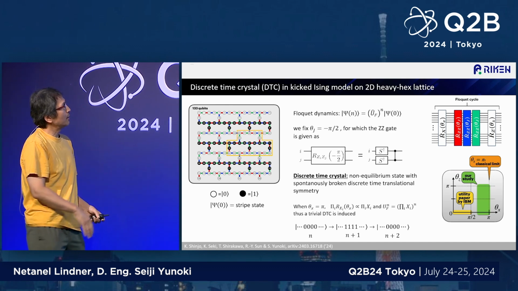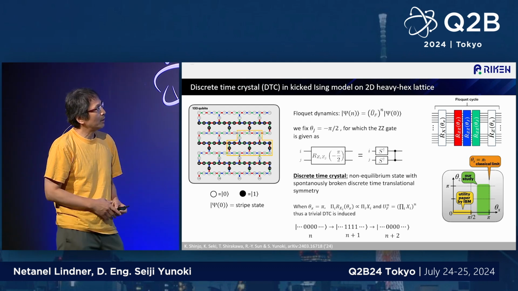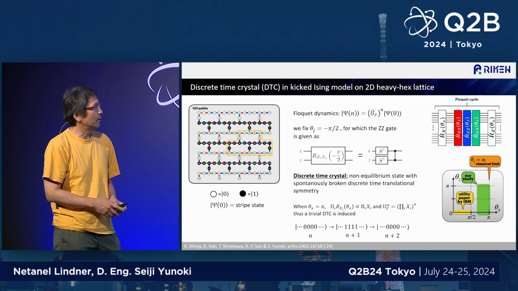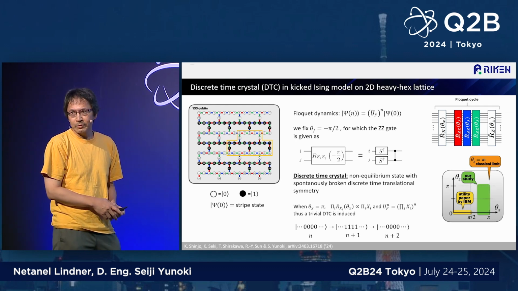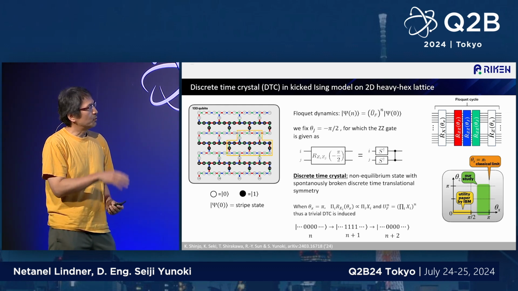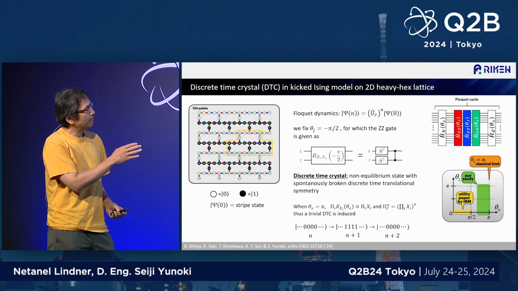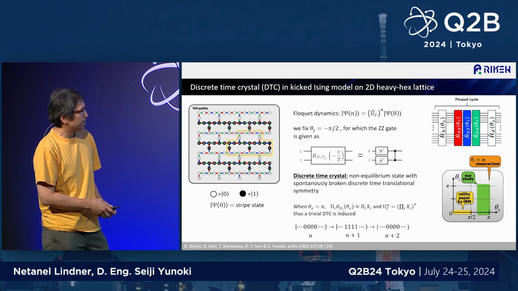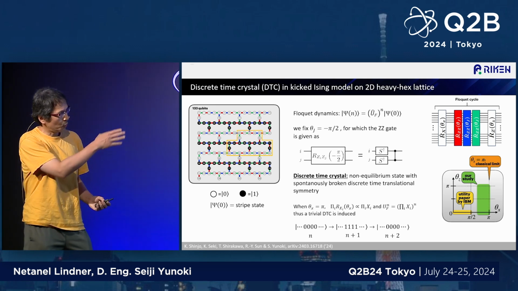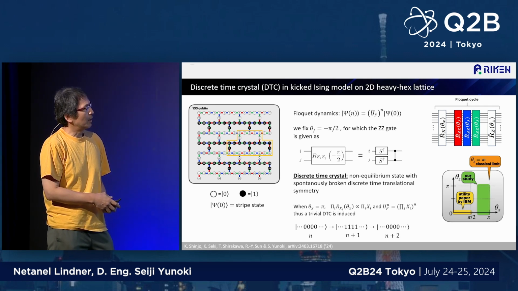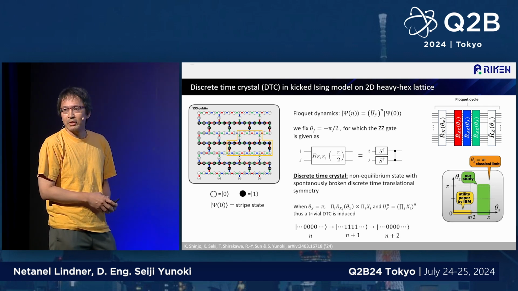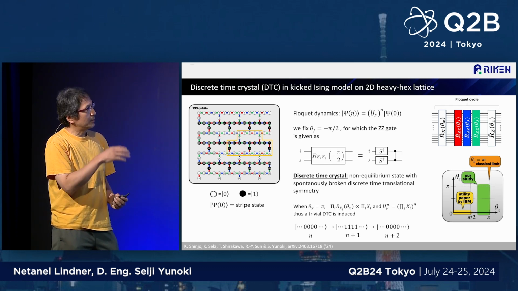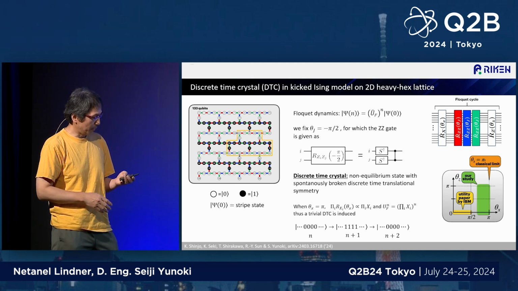Because the Floquet dynamics is completely determined by the product of Pauli operators, and therefore the dynamics evolves in time from 000 to 111 and goes back to the 000 state, and so on and so forth, showing a period of 2 time steps. Therefore, it breaks the discrete time symmetry in the time domain.